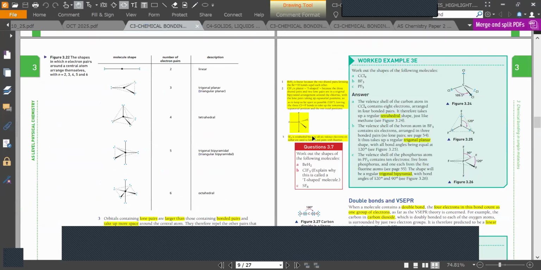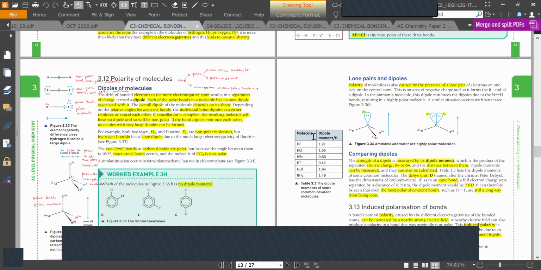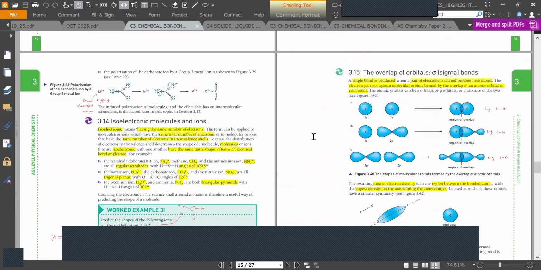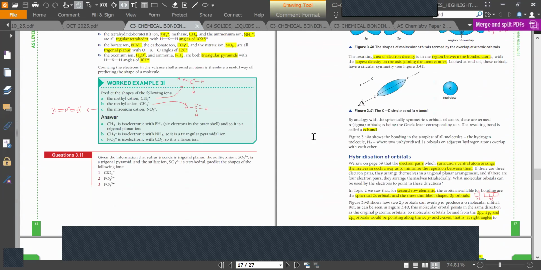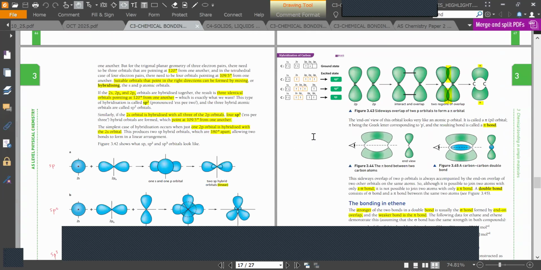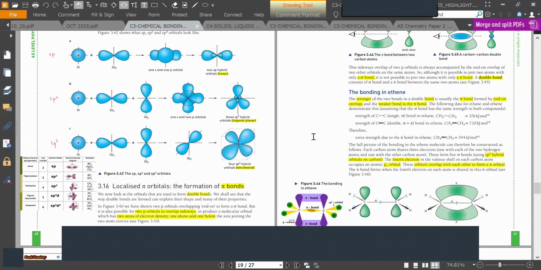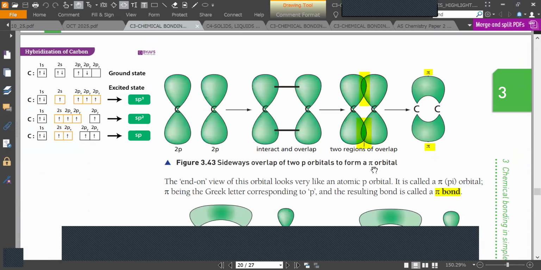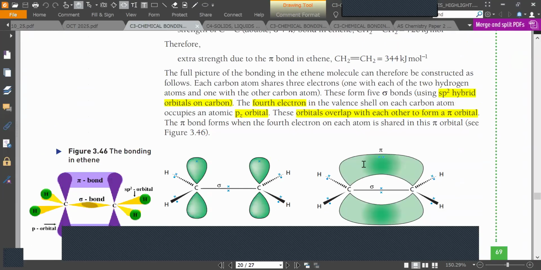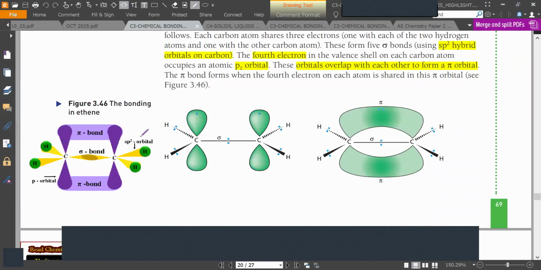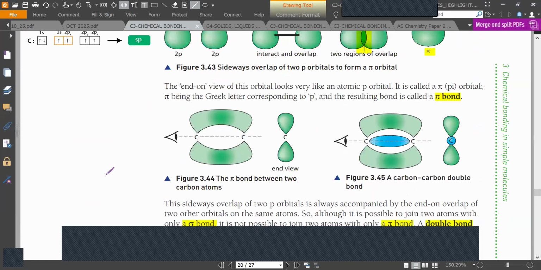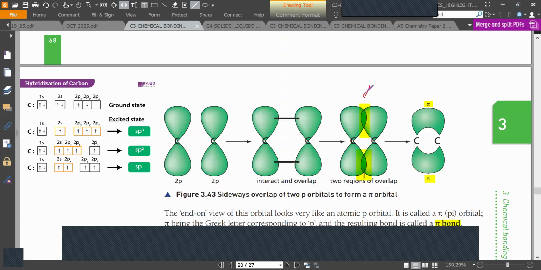So the unhybridized orbitals will overlap sideways to form the pi bonds. So we also have the pi bond. Sideways overlap to form the pi bonds.